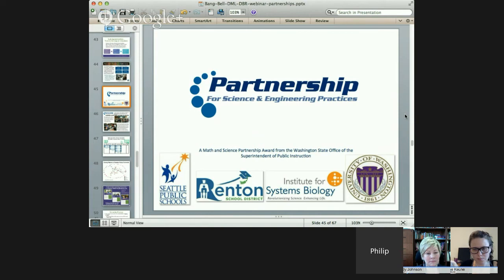So this partnership was focused on practices. It's a collaboration that's really led by Seattle Public Schools and Renton School District and the science staff within those buildings, the curriculum and science staff, and partnered with a nonprofit that does work in systems biology and a couple of units on the University of Washington campus, including our institute.